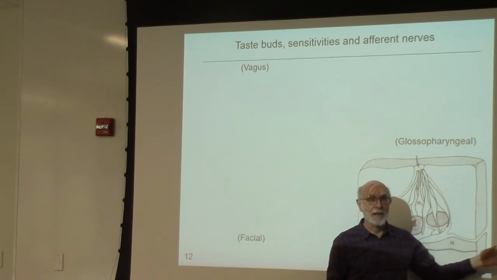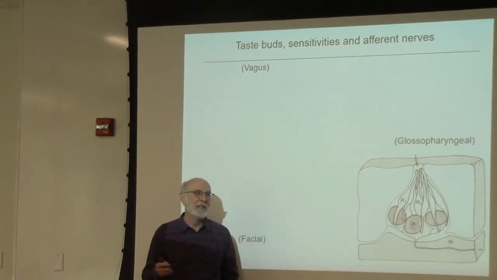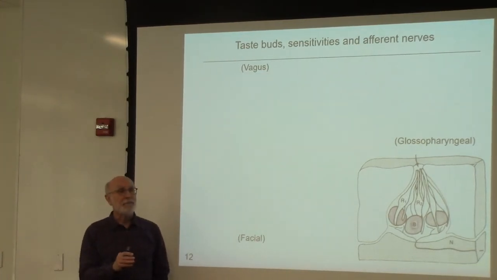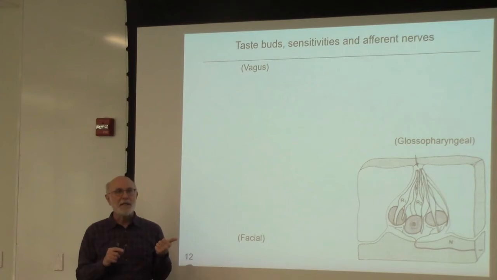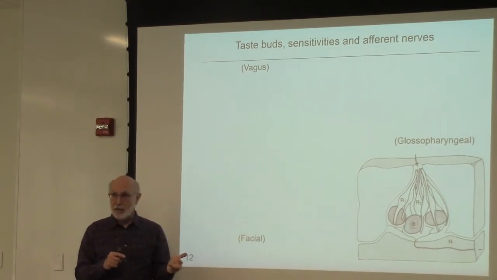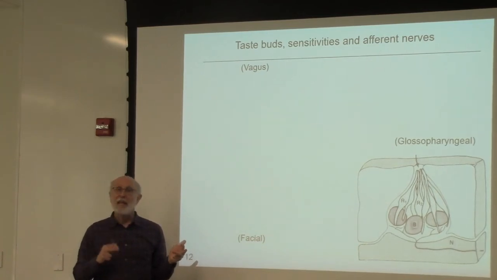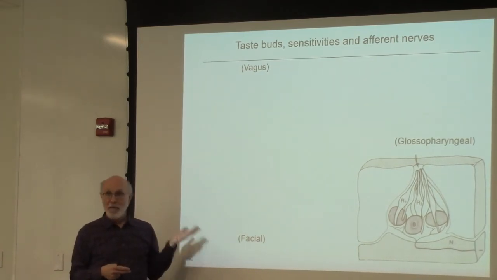the secondary neuron that go to the taste cortex. Well, actually, they go to the thalamus first, and then to the taste cortex. Interesting fact: every sensory modality that we've been talking about, somatosensory, visual, auditory, olfactory, taste, goes to the thalamus and then to the cortex, except for olfaction.